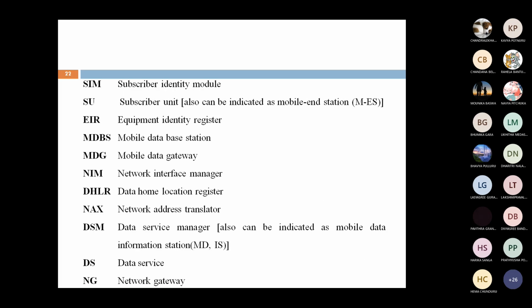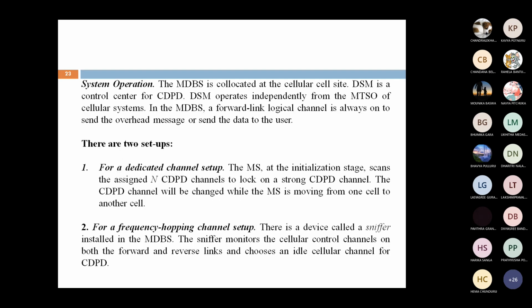SIM, subscriber identity module, SU, subscriber unit, EIR, equipment identity register, MDBS, mobile data base station, MDG, mobile data gateway, NIM, network interface manager, DHLR, data home location register, NAT, network address translator, DSM, data service manager, NG, network gateway.